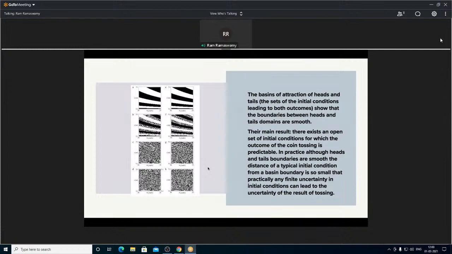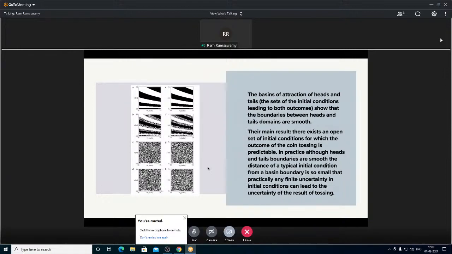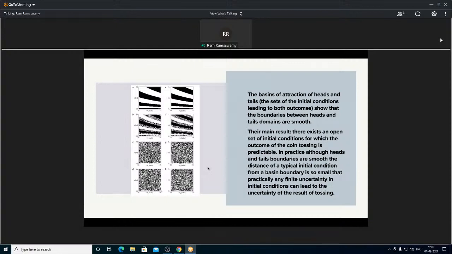All right, I'm not going to discuss this paper. You all can read it later on. But what these people show is that if you adjust very, very carefully, you can go to heads or tails. Okay, but arbitrarily close to that point, there will be another initial condition that will lead you to the opposite conclusion, and therefore any uncertainty in the initial conditions can lead to an uncertainty as a result of a tossing.